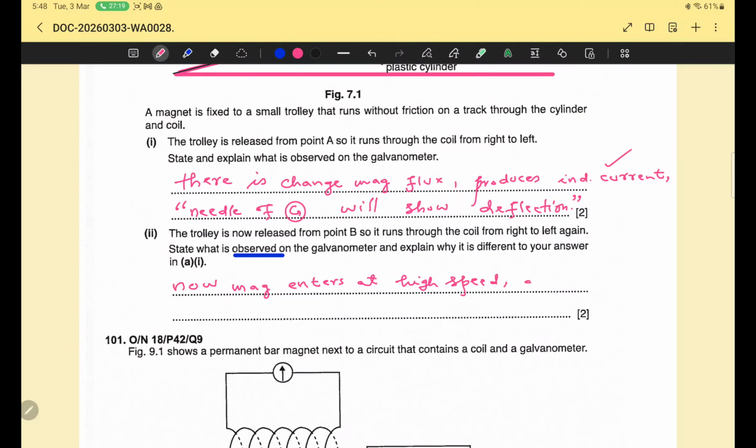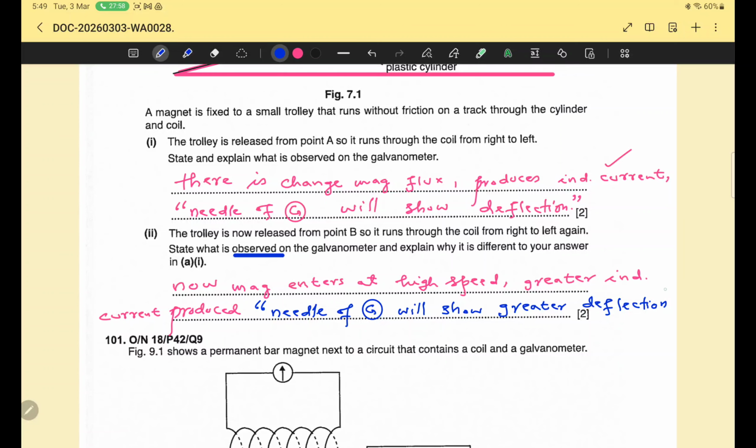At high speed, greater induced current is produced, and now the needle of the galvanometer will show greater deflection.